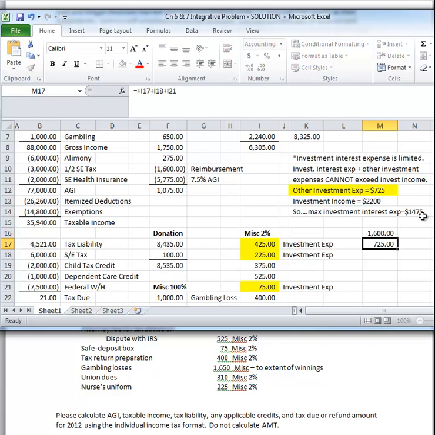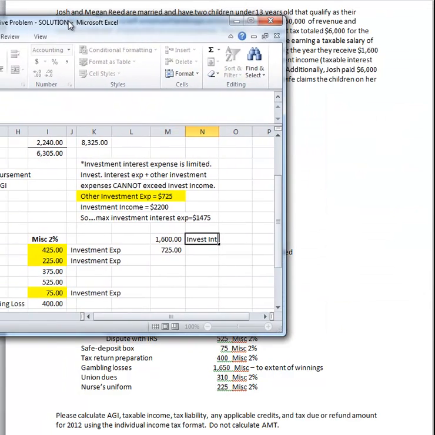Because your investment interest expense is $1,600. These are your other investment expenses. Combined, the total expense is $2,325. Well, you can't deduct $2,325. $2,200 is your maximum deduction.